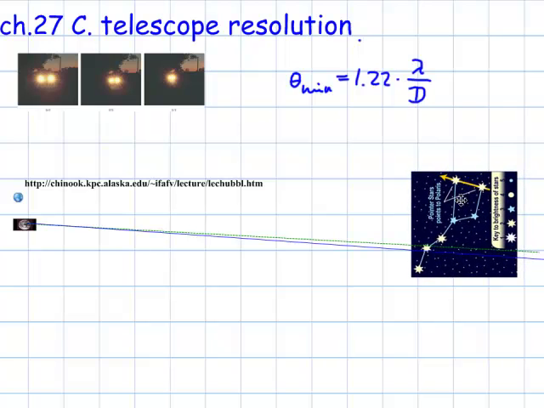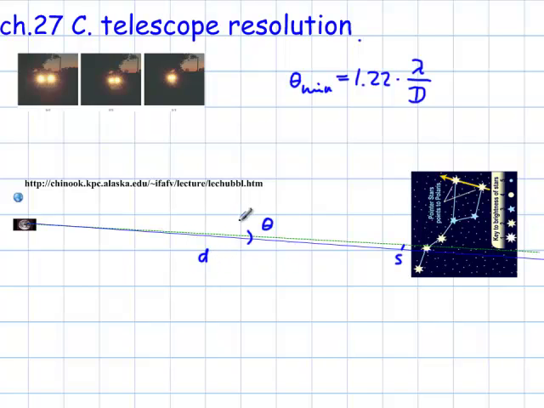Okay, so here we're trying to look at these two here, and we have a certain angle in between here. That's the angle theta that we're going to come up with, angle theta. And we have a certain distance here, and we have a certain distance between these two stars, and I'm going to call it S, and that is given in the problem as well.